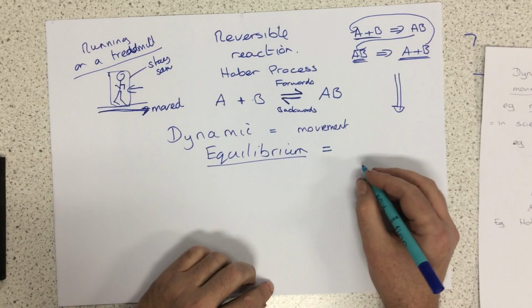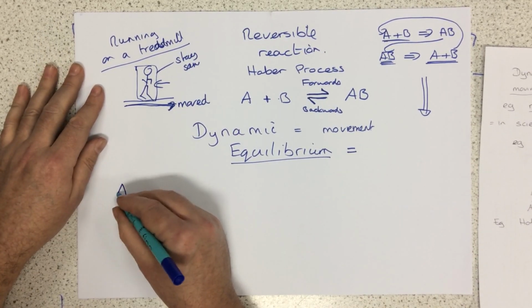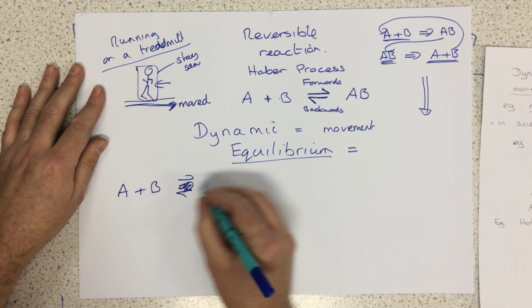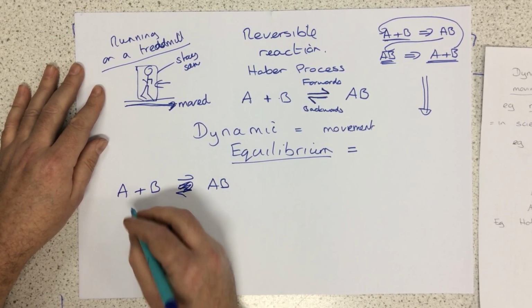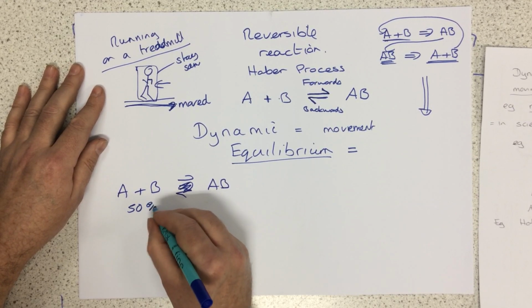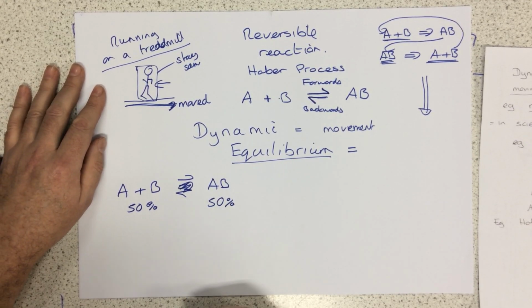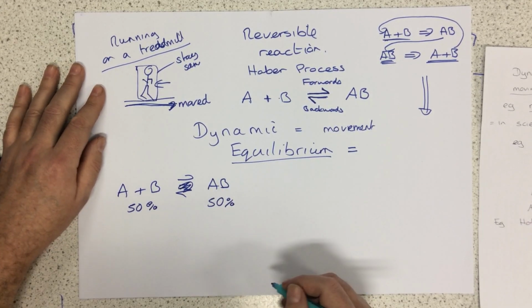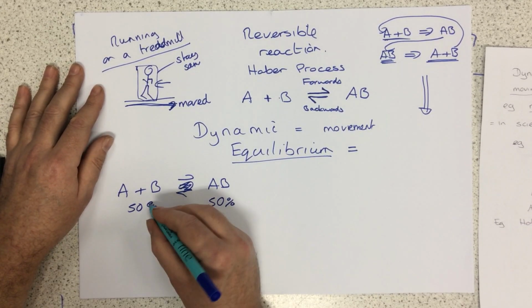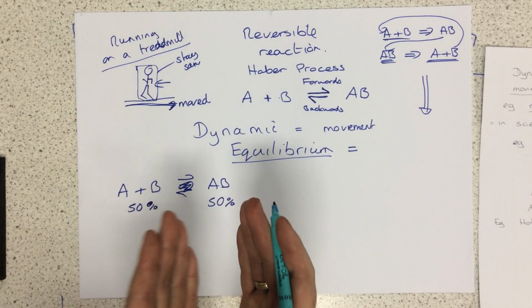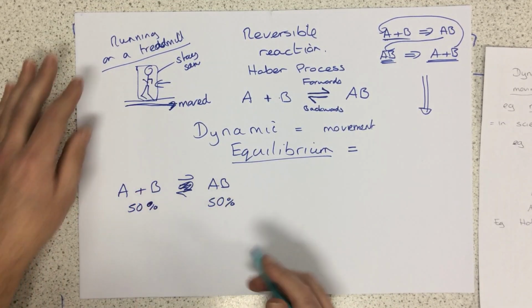And at that point it may be something like, if I put this down here, A plus B and AB, that in a mixture there might be 50% of the chemical in the form of A plus B and 50% in the form of AB together. So that seems fine. We've got this mixture. How does that still make it dynamic though? Because we've got 50% here and 50% here.